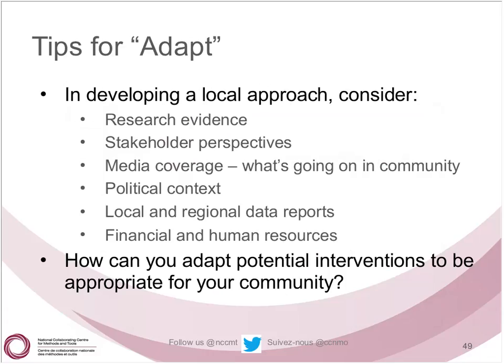But in general, as we're entering this adapt step, you would want to think about a number of perspectives guided by that Venn diagram model. So in our example, if housing supports are known from a research perspective to improve health outcomes, before you go ahead and create a master plan to do that, you would develop your local approach that thinks about not only the strength of that research evidence, but also what stakeholders think about that, what they value, what's going on for them, what they've tried before.